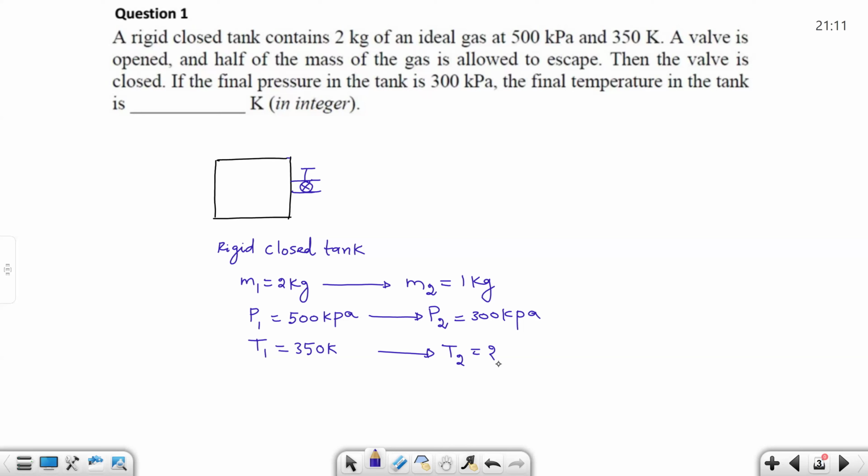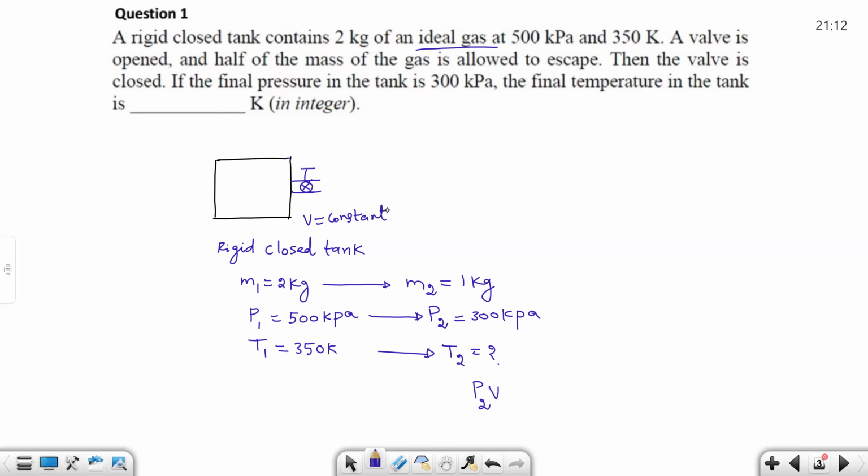Because it is an ideal gas, we can say PV equals MRT. The volume is fixed, so there is no change in the volume.